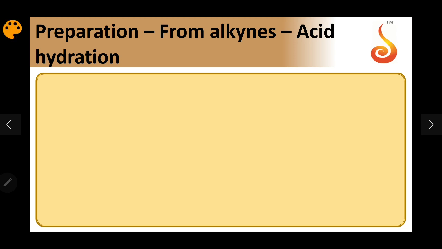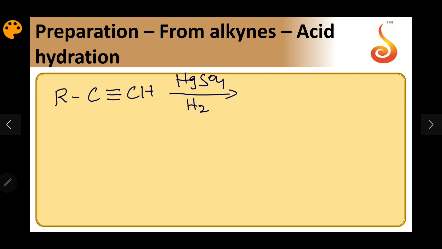From alkynes through acid hydration. Here we have an alkyne with HgSO4, H2SO4, a standard reagent. Mercury ion as a catalyst always adds water according to Markovnikov rule and then tautomerizes to the corresponding ketone.